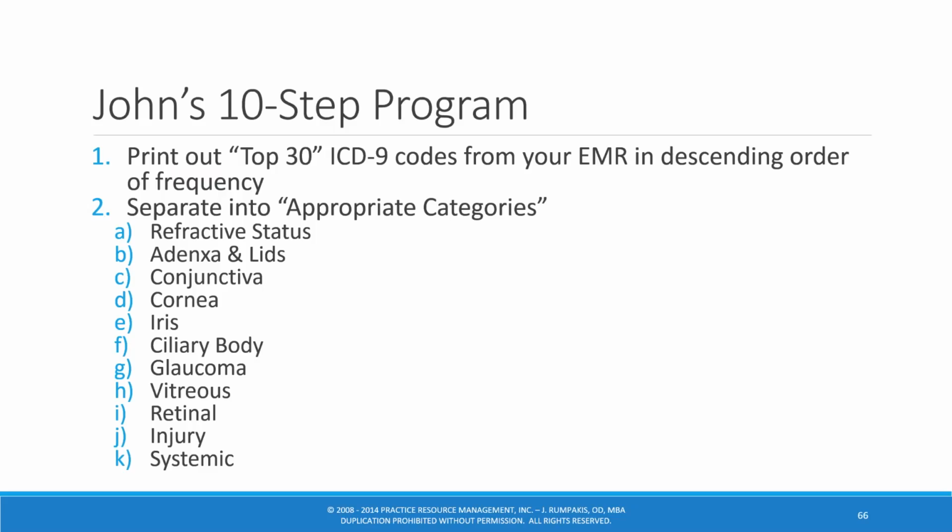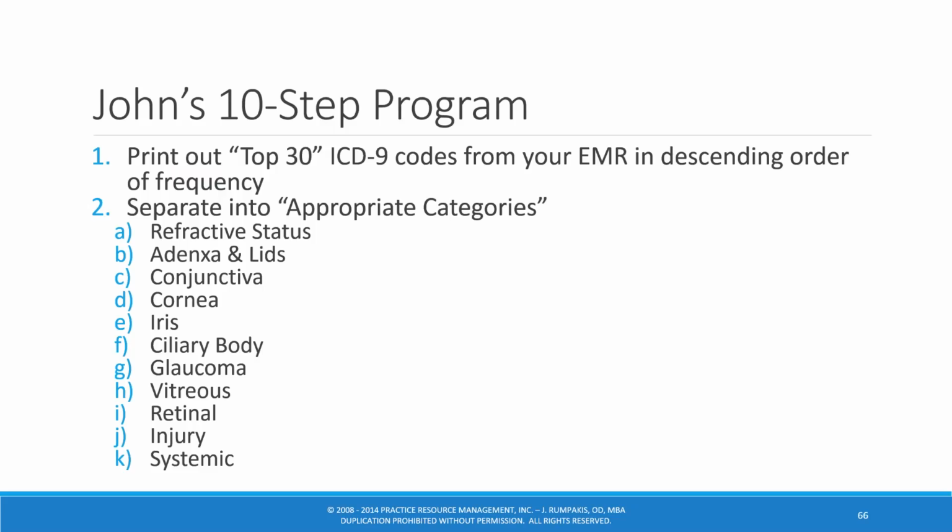First of all, why bother spending the time at this stage of the game learning all of these weird esoteric codes? That doesn't make any sense at all. What you should be doing is spending time to learn the codes that your practice has been using. So I would go to your existing EHR or practice management system, print out the top 30 ICD-10 codes that you have already been using for the last 2 years.